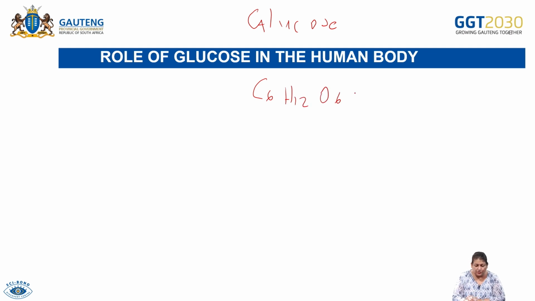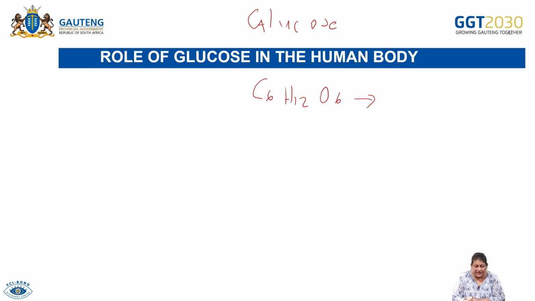And what does glucose always give you? Remember that glucose is synthesized or made by plants during photosynthesis. So how do they make the glucose? They use the carbon dioxide from the air, they use the water from the soil, together with the light from the sun, which is locked in this glucose molecule.